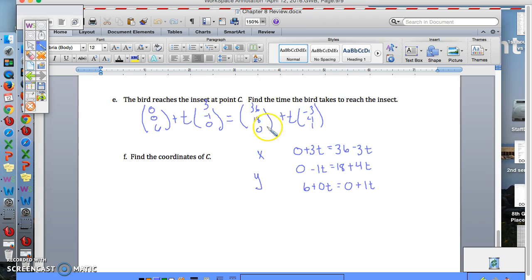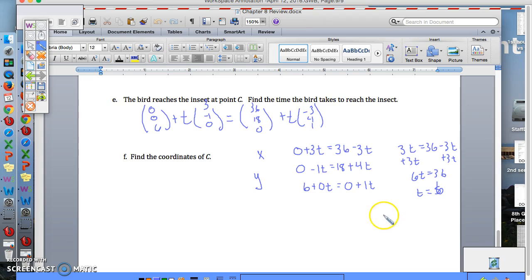So now we have to solve. Well, let's see, if we just take this first one, there's only one variable, so 3t equals 36 minus 3t plus 3t. 6t equals 36, so t equals 6.